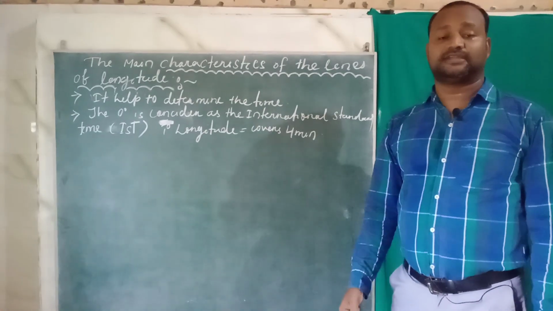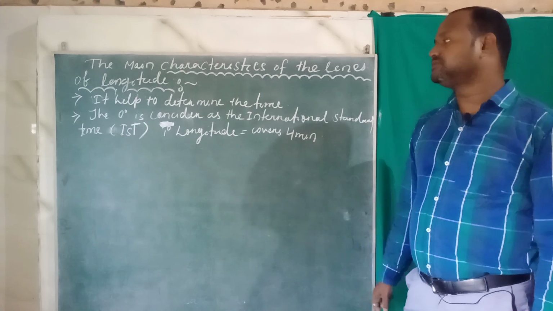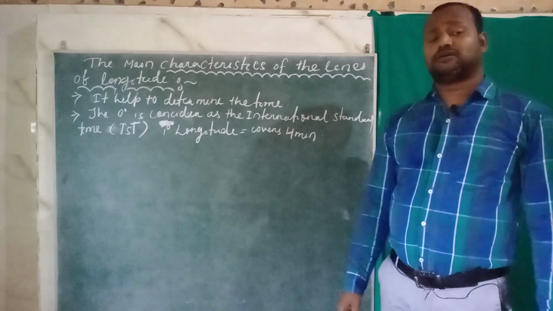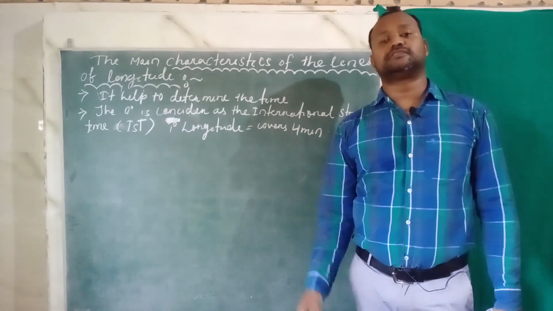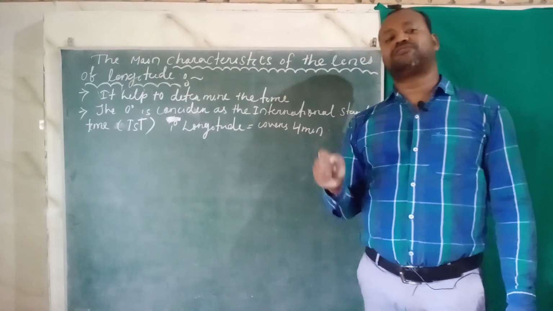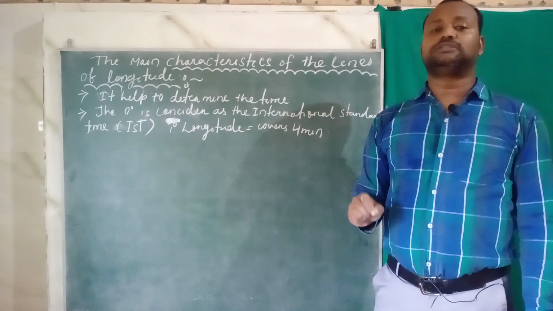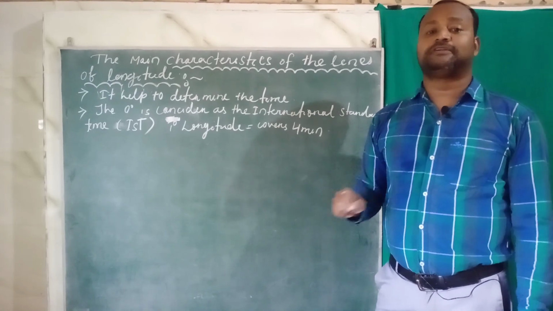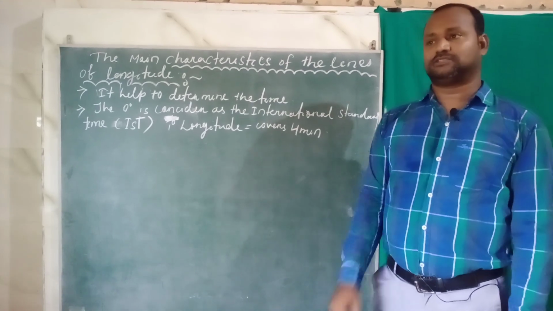As we know, we can determine the time of a particular place with the help of longitude, and another thing is that the 0 degree longitude is known as the international standard time. According to that time, we are following the time of different countries. I will show you the calculation, and you can easily understand.